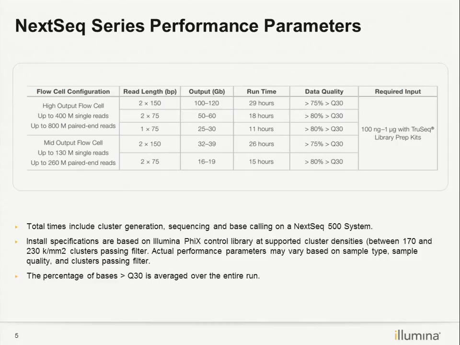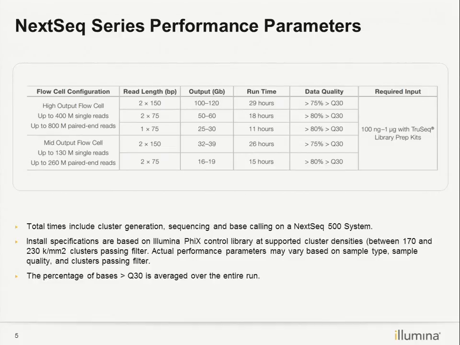You can see the sequencing time is different as well, because for shorter sequencing the imaging time will be much reduced. It only takes around 11 hours to complete a single read 75 cycle sequencing, but if we are doing 2 times 150, then it takes 29 hours.